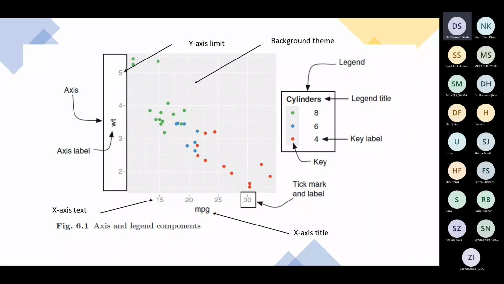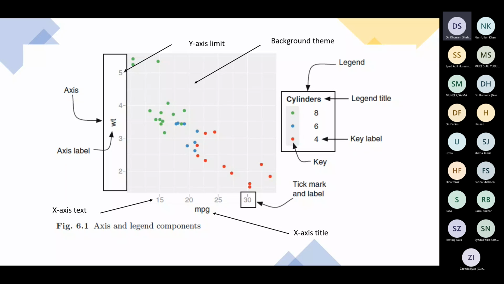We will see how we can adjust the y-axis limit from this to this range, and what the break between 2, 3, and 4 should be. This is one break, which you can adjust between the y-axis numbers. We will learn all these things.